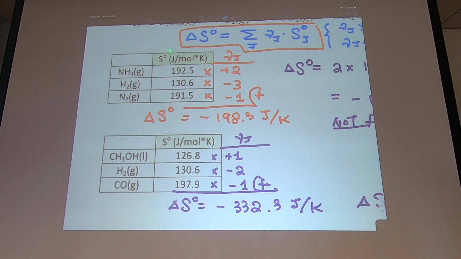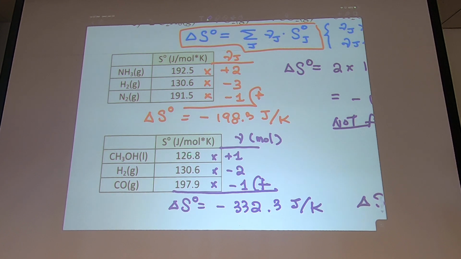So if you have 2 moles it will be bigger, so it is a normalized quantity per mole basis. And this mu j has a unit of mole, right? So if you multiply mole times joule per mole Kelvin, that corresponds to just joule per Kelvin.